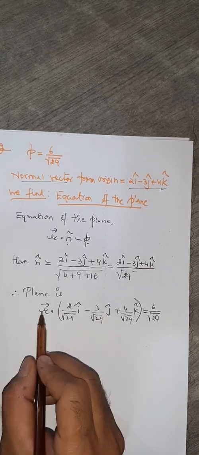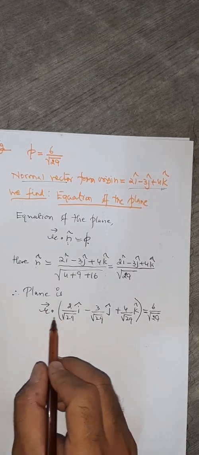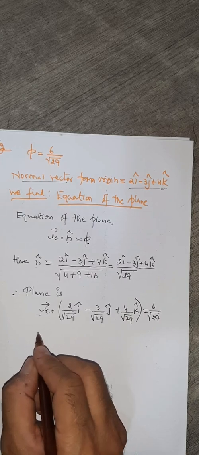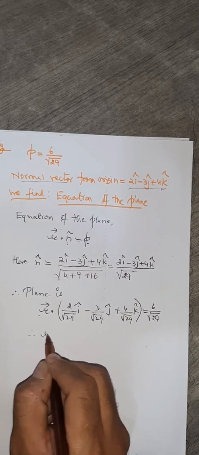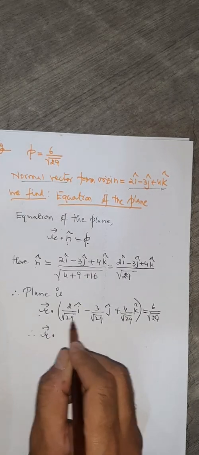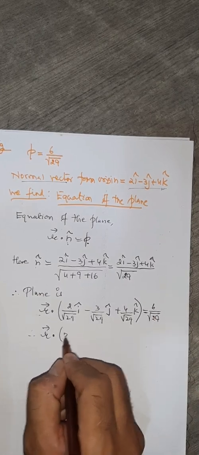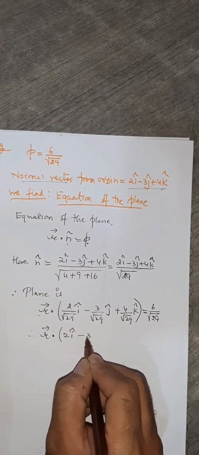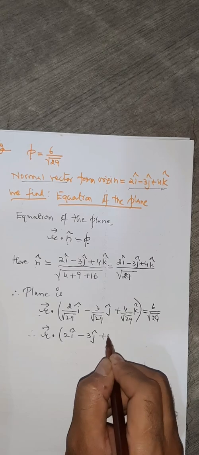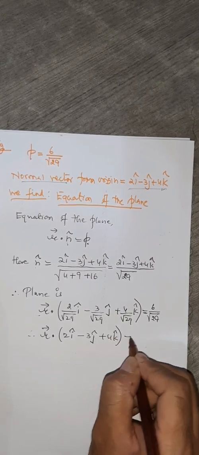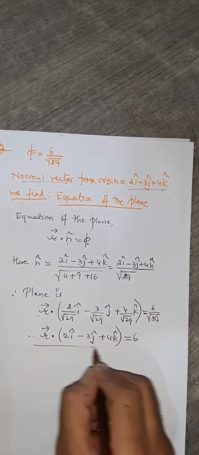So if you want, you can simplify this. You can take vector r as x, y, z and you can just cancel with this. If you want to write one more step here, take root 29 outside, it will get cancelled with this. 2i cap minus 3j cap plus 4k cap equals to 6. That's a vector form.